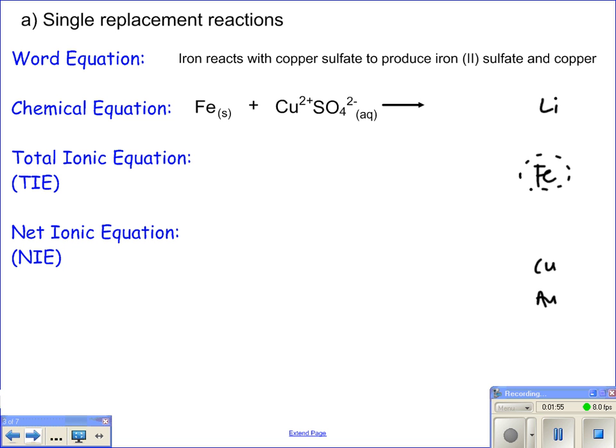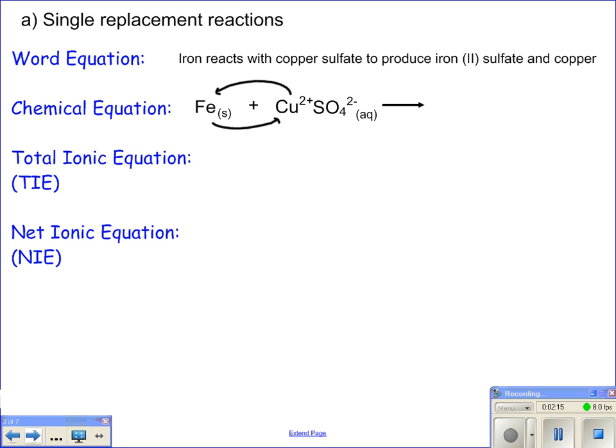Because iron is higher in this series than copper is, iron has the ability to bump copper out in a single replacement reaction. So iron would take copper's place, and copper would come out and be an element instead of an ion.